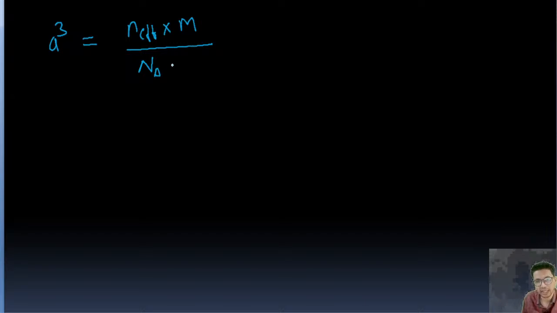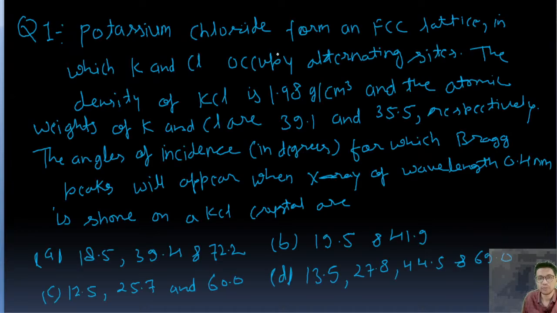Okay, guys, so we have a formula, which I have already explained in my lecture on condensed matter physics. The lattice parameter a cubed equals n effective times molar mass upon Avogadro number N_A times the density of the crystal. KCl has an FCC structure, which is given in the question.